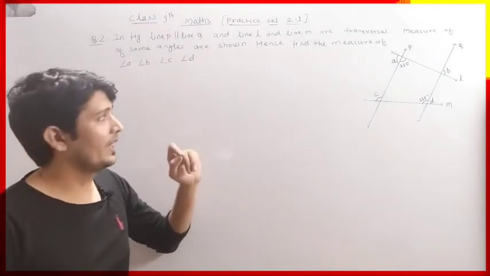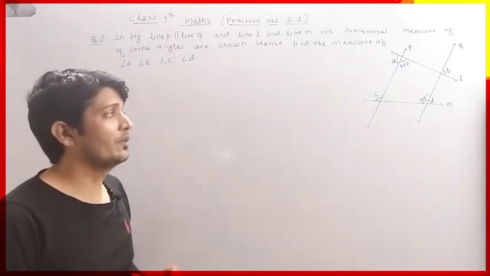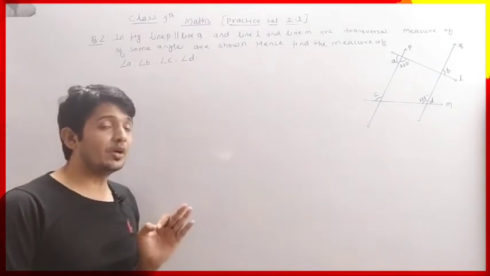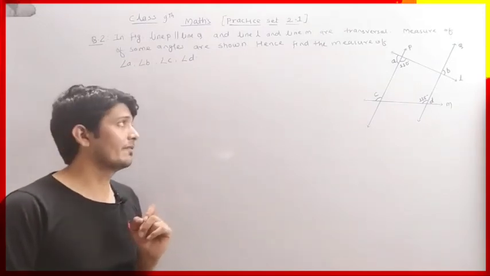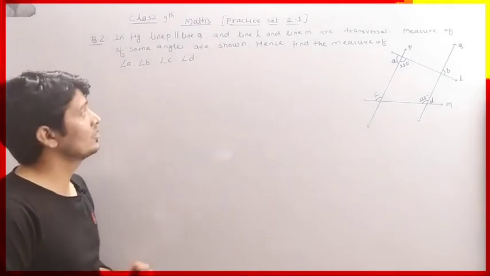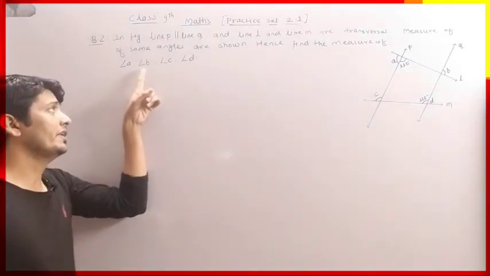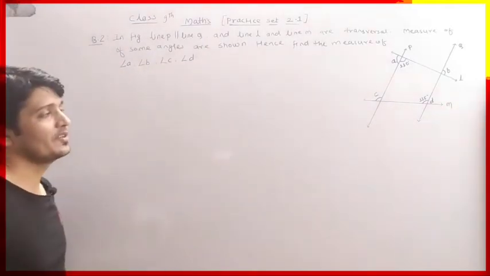We can say the measures of 2 angles are given. One is 110 and another one is 115. Hence find the measure of angle A, angle B, angle C and angle D.